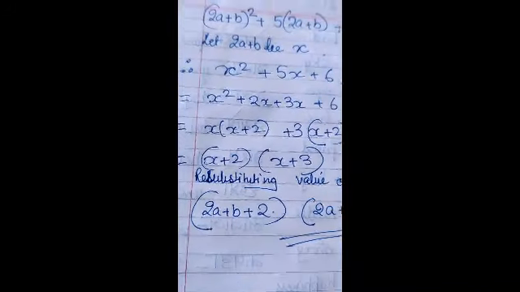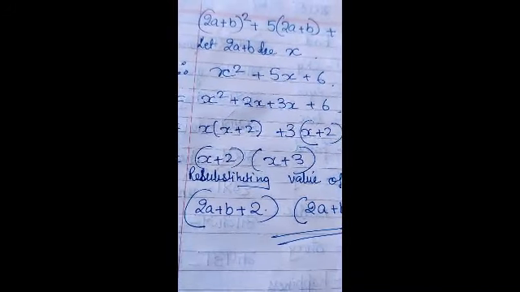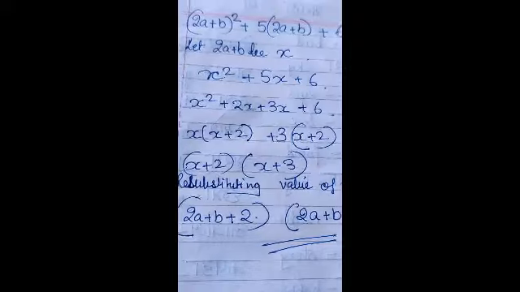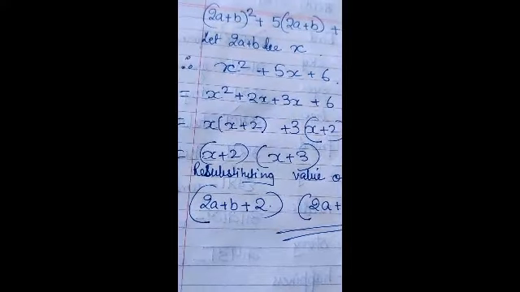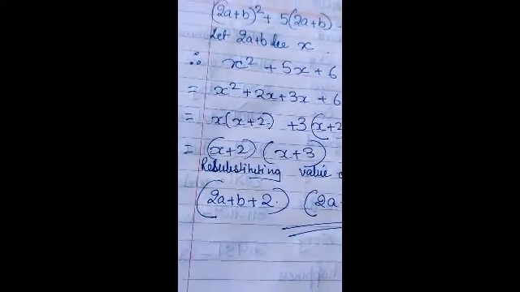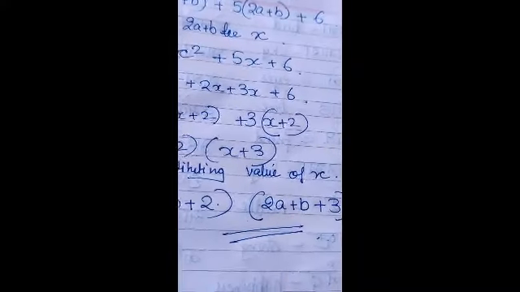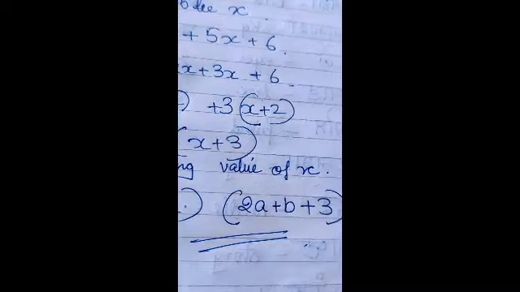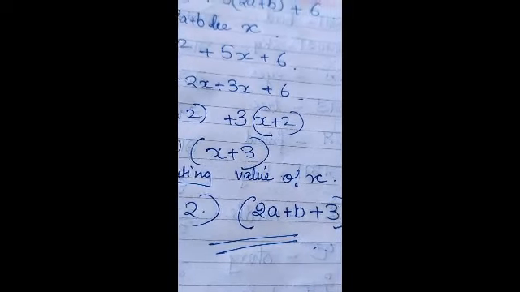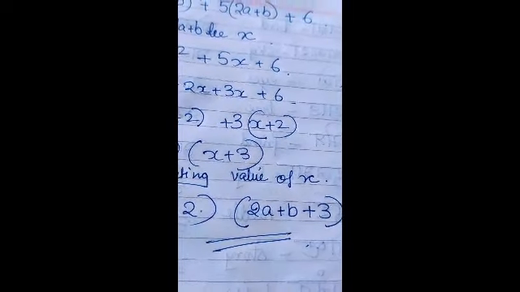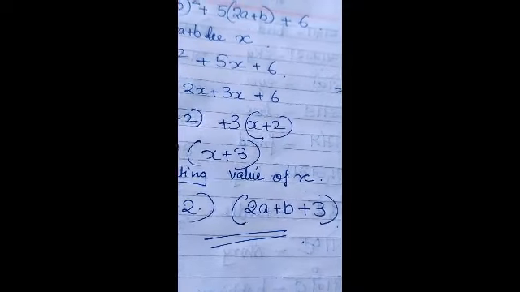So here we can write it as x square plus 2x plus 3x plus 6, and remove the common term. We get x bracket open x plus 2 bracket close. We write the same factor here x plus 2 and find out what we can use so that we get plus 3x and plus 6.